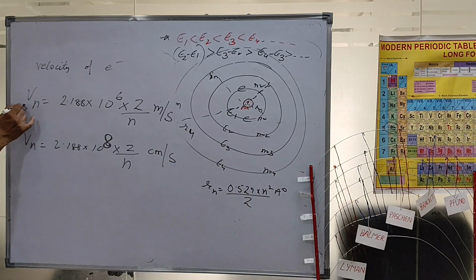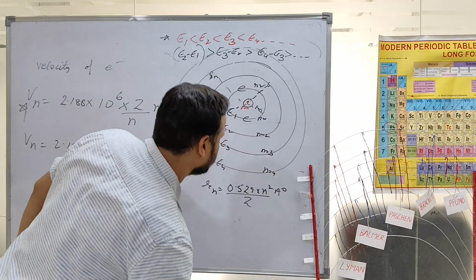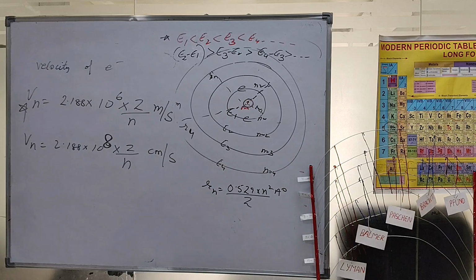But SI unit is meter per second, so we have to remember in meter per second. So these are the formulae of Bohr's.